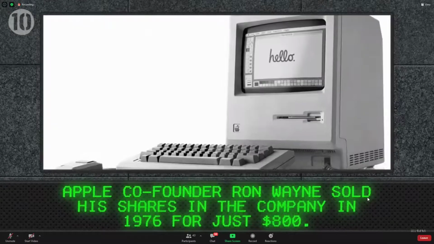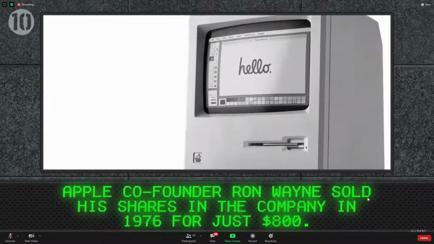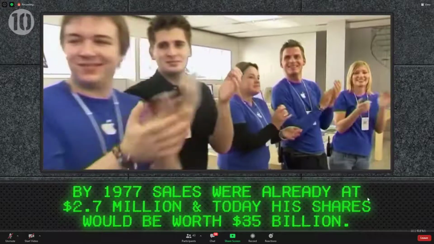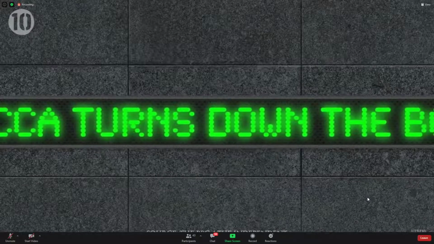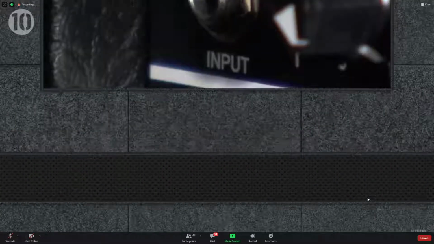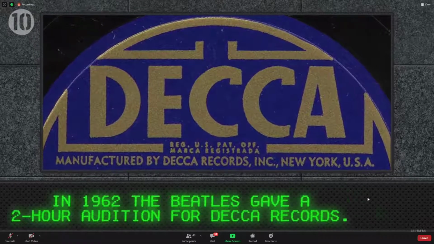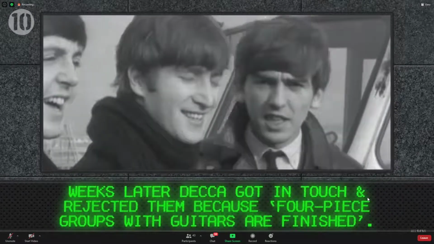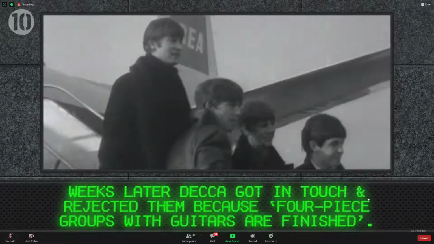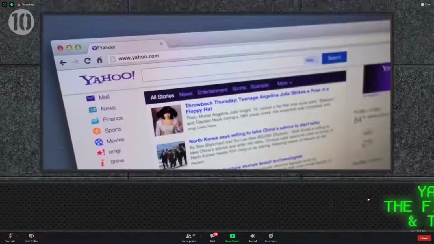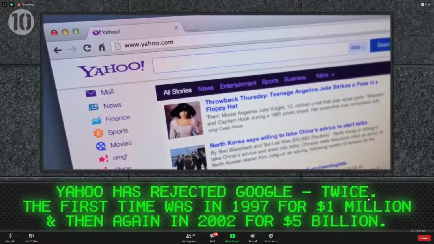So they sold the shares in 1976 for $800. And 75 the shares were valued $2.7 million, and today is $5 million. When Apple rejected they said and we know the success of other things. One time we rejected Google. So Yahoo has Google twice.